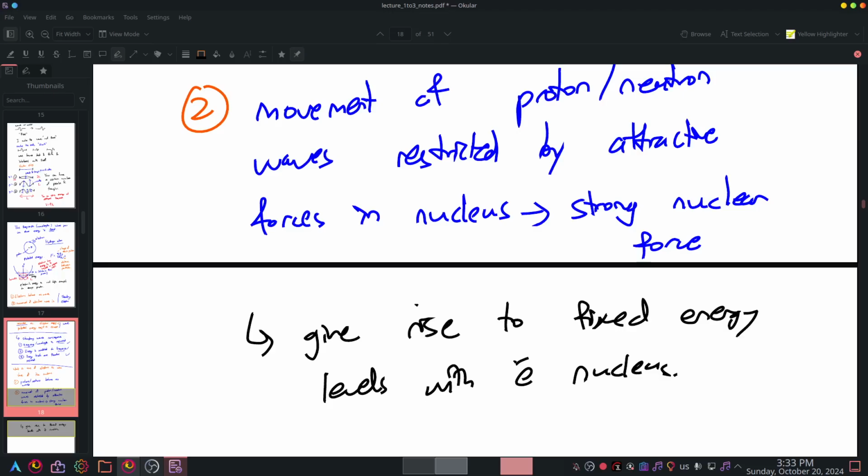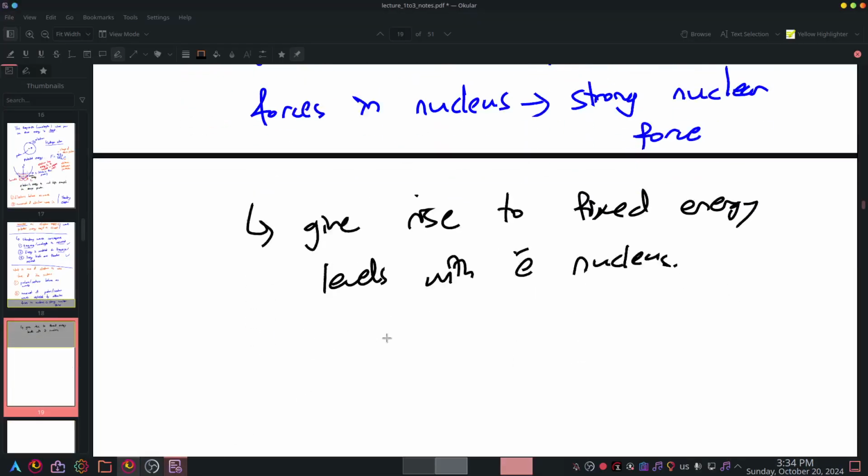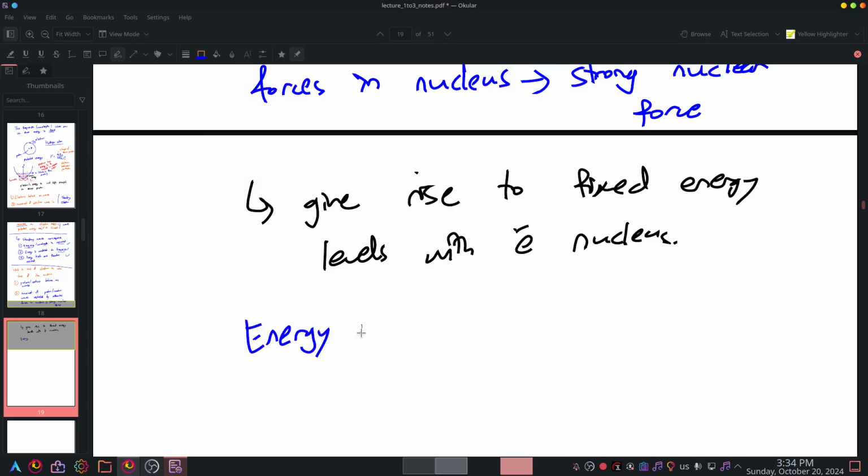They're of a specific quantity. So we like to call this energy quantized, and that's where the word quantum physics comes from. Energy is quantized, which basically is a fancy way of saying fixed energy levels.